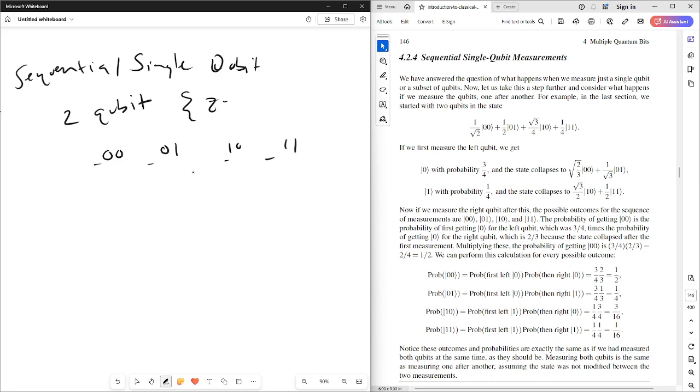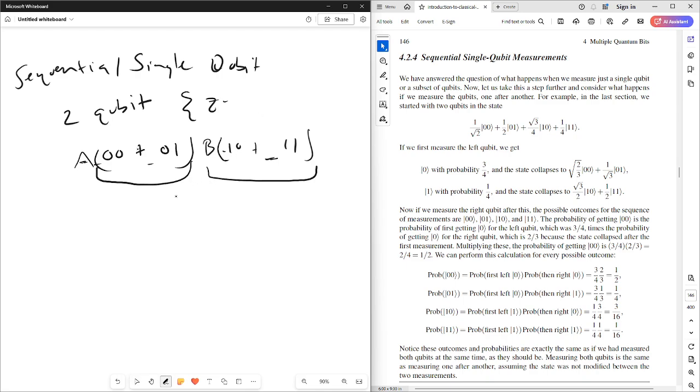Well, when we measure it, it collapses to these guys, so we measure our first one, and it collapses to either this superposition with some kind of normalizing constant or to this superposition with another normalizing constant to make sure that our amplitudes are good to go.